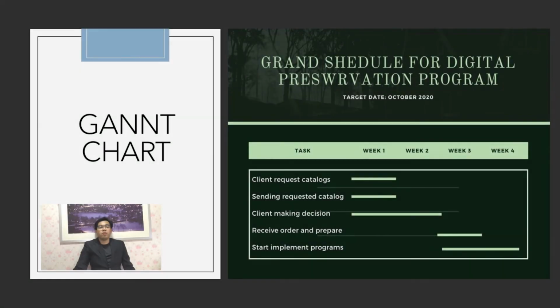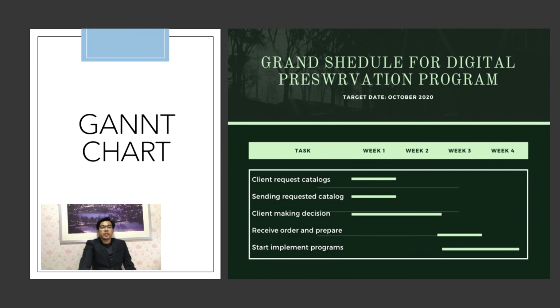Okay. Moving forward to our Gantt chart for the digital preservation program. Our Gantt chart is for the month of October. As you can see on the slide, in the first week we have the client requesting the catalog, and also in the first week we send the requested catalog to them.